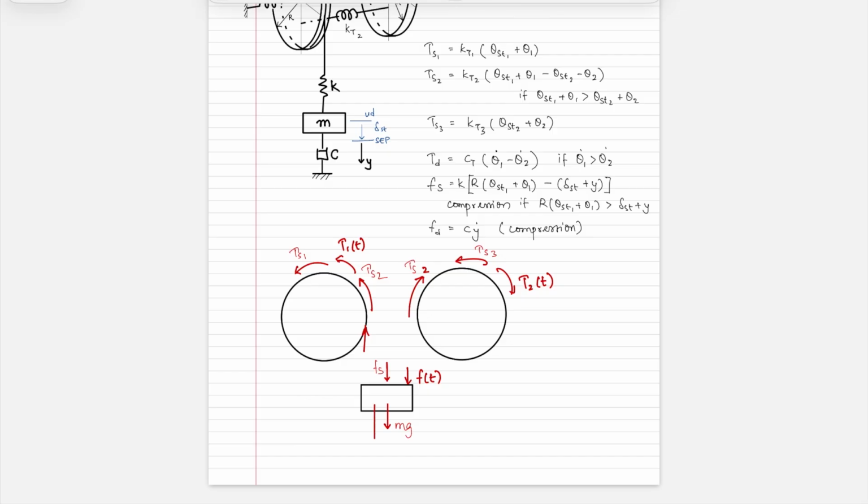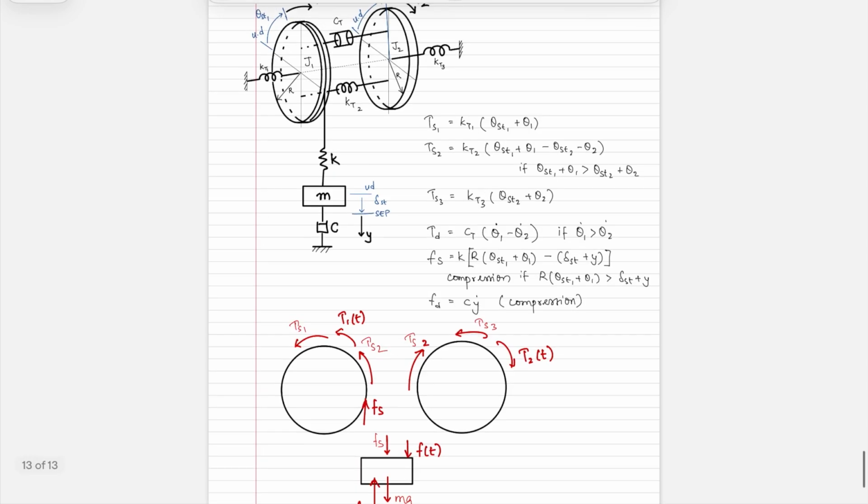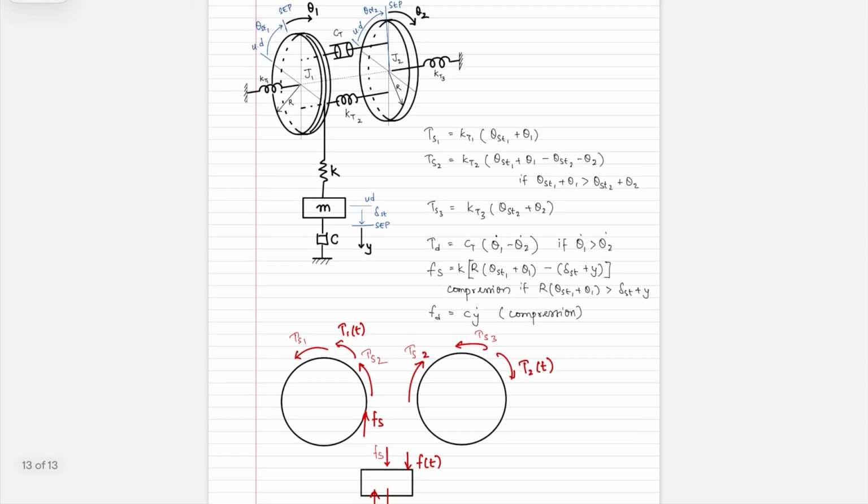So you have fd. This one is in compression, which means it's going in this way for the damper. The reaction on this mass would be in the upward direction as fd. Here we have fs. And then we also have the torsional damping, which is in the same direction as the torsional spring. So we have this based on our assumption. Here's tau d, and here is tau d.